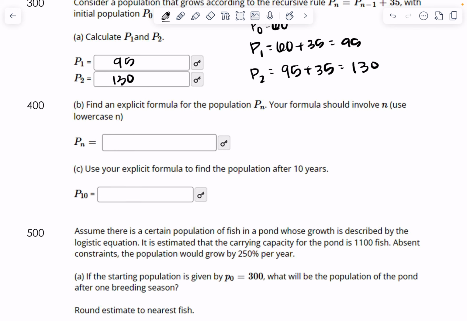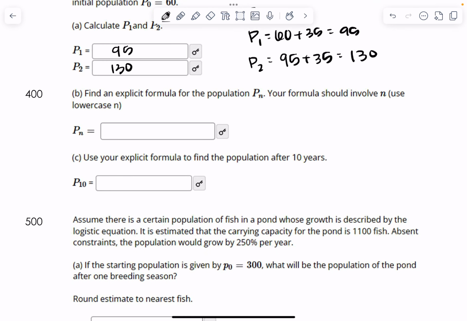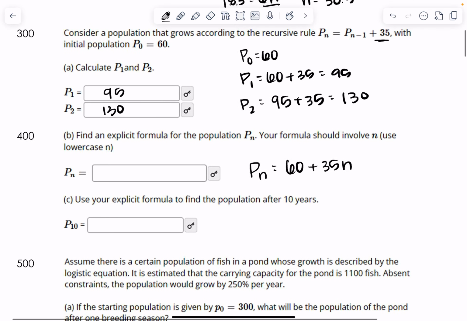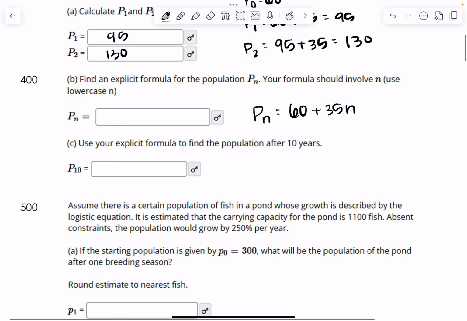And then the next part is that you need to write an explicit equation. So we know that the initial is 60, and we know that it's going up by 35 each year.